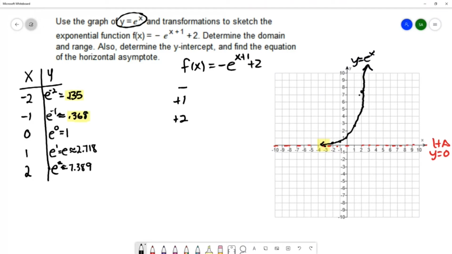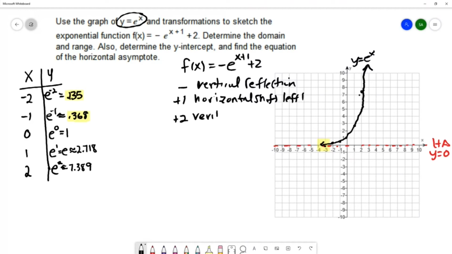The negative is a vertical reflection. The plus 1 is a horizontal shift, and that's going to go to the left 1. And the plus 2 is a vertical shift going up 2.